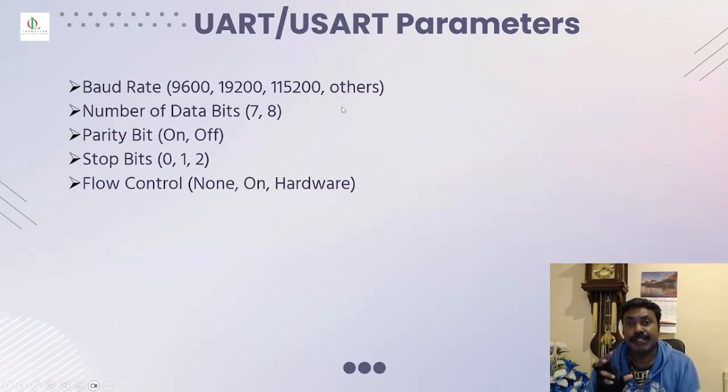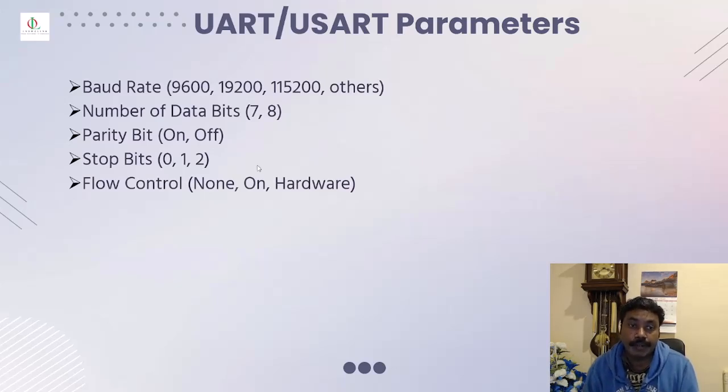Generally, the data bits come in 7 and 8 bits, but the most widely used is 8 bits, but there are also 7 bits. And there are also parity bits, used with on and off. This is where you can use your odd and even parity for error checking.